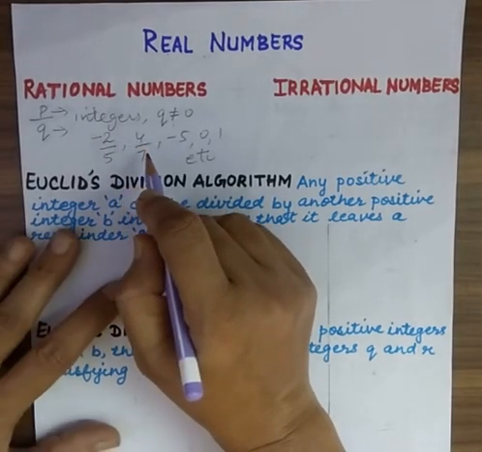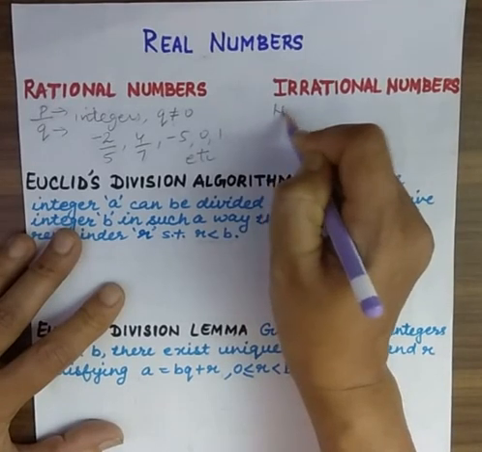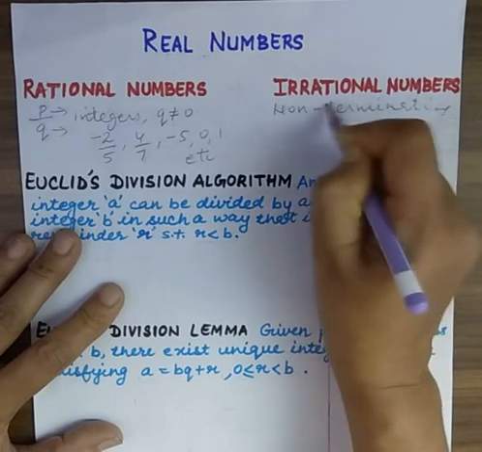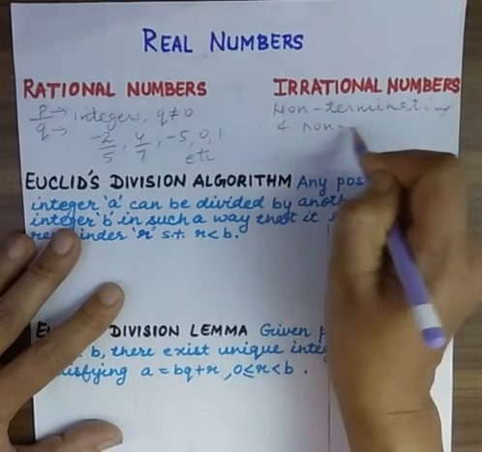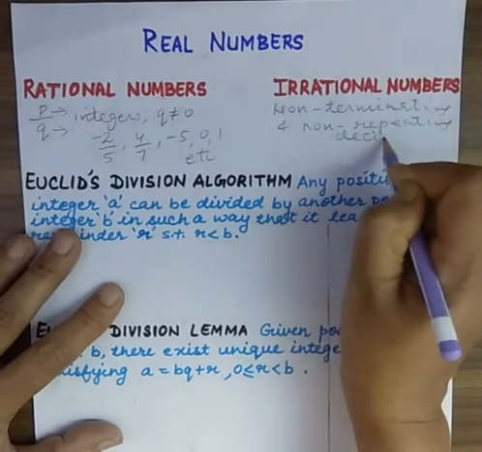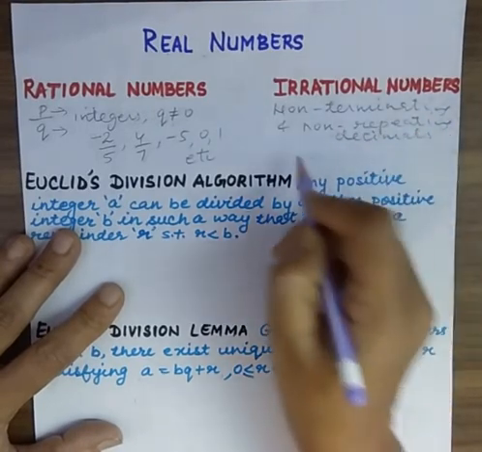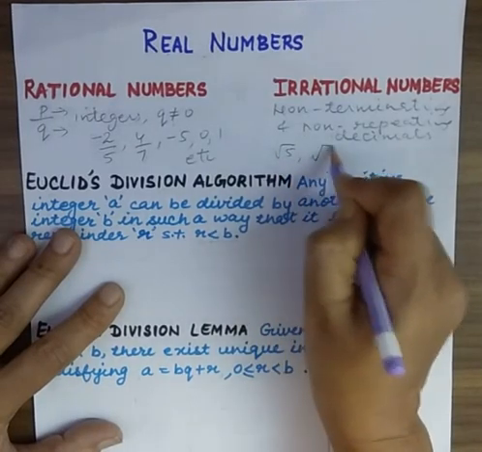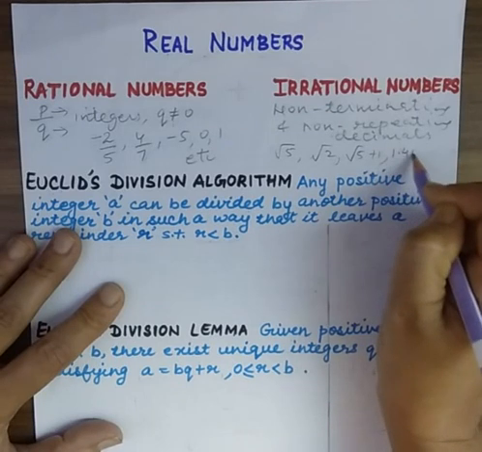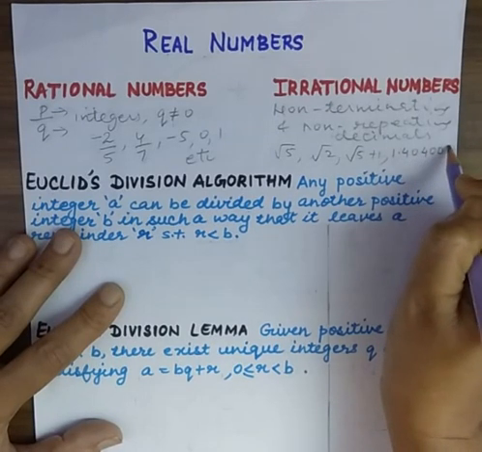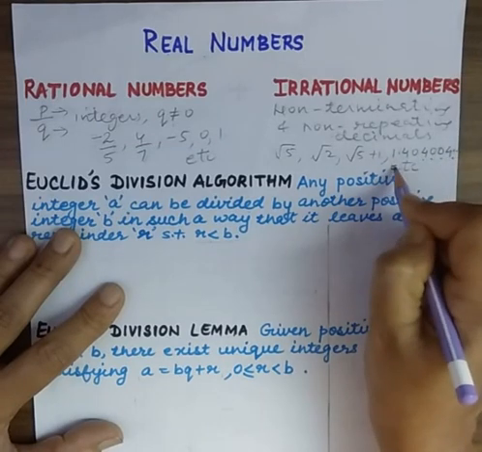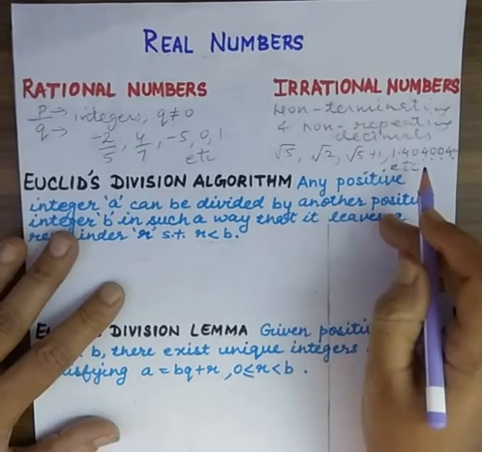Now, what are irrational numbers? Those numbers which have non-terminating and non-repeating decimals are called irrational numbers. For example, root 5, root 2, root 5 plus 1, 1.40400400004... etc. These are irrational numbers.